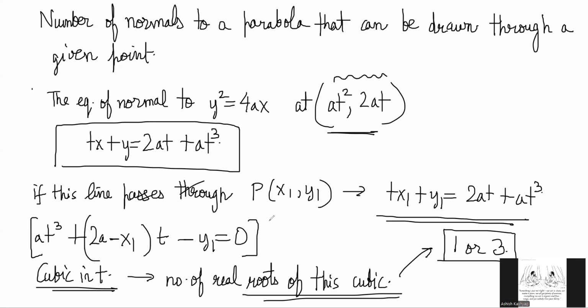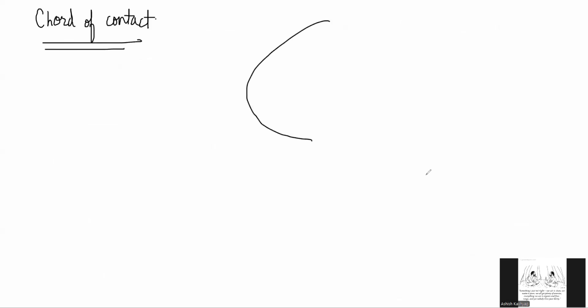we have one more theory here, which is the equation of the chord of contact. So first of all, what is chord of contact? Chord of contact is basically the line joining the points of tangency of two tangents.